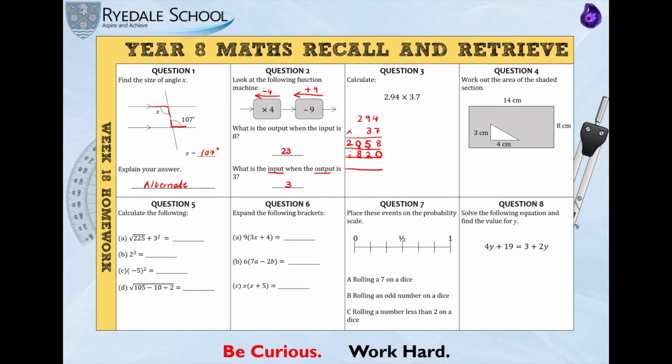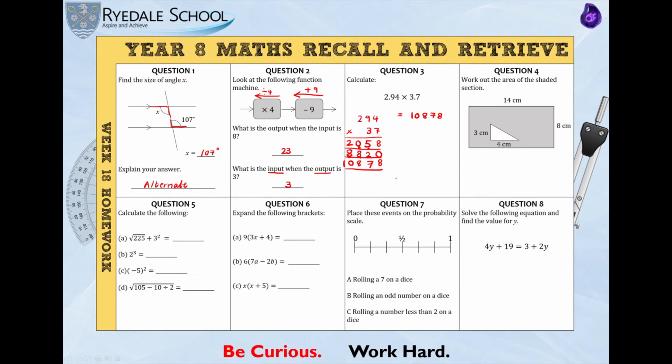Add the 2 is 8. If I add these up, I get 8, 7, 8, and 10. So the answer to 2.94 times 3.7 must have the exact same digits.